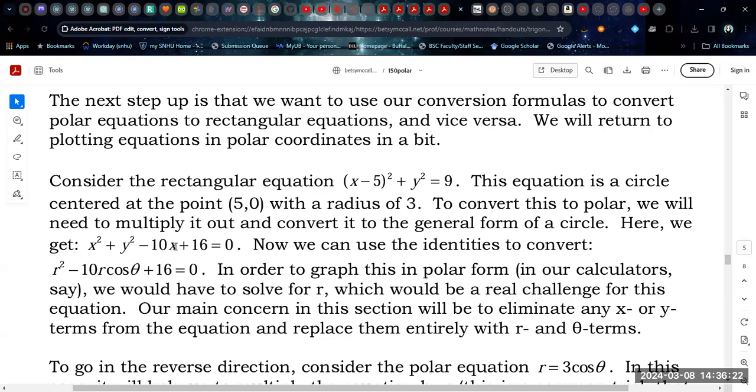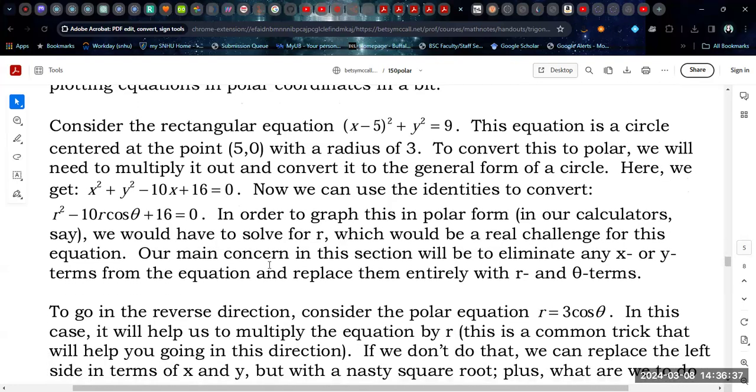And then here I can use r cosine theta because I'm not squaring it, or I'm not going to have to simplify it. There's nothing I can do there. And then the 16 doesn't convert. Now, in order to graph this in our calculators, we would have to put this into polar form, unless you're using an online function like Desmos or something, which can often do these in implicit form.